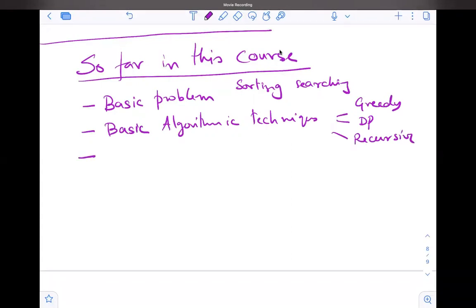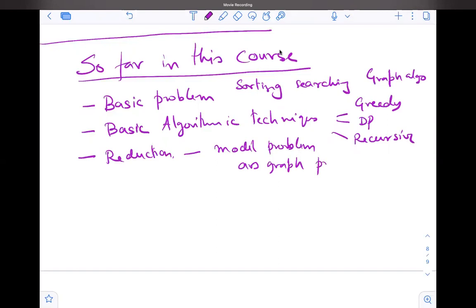We have also seen a little bit of reduction. Of course we have also seen some basic graph algorithms, where I model problems as graph problems, and so on. So we have seen these three basic concepts.